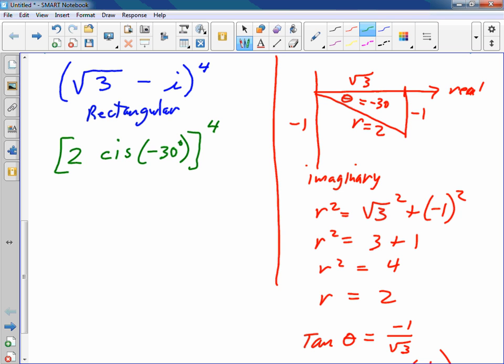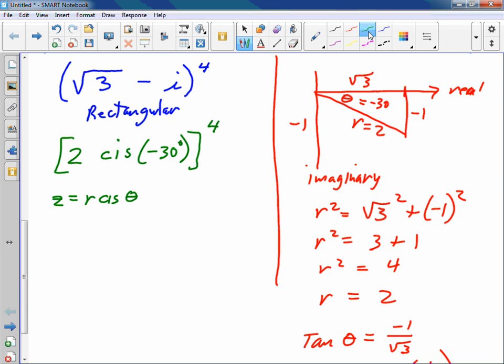And our theorem from your book on page 408: z equals r cis theta. I should do it in general terms.